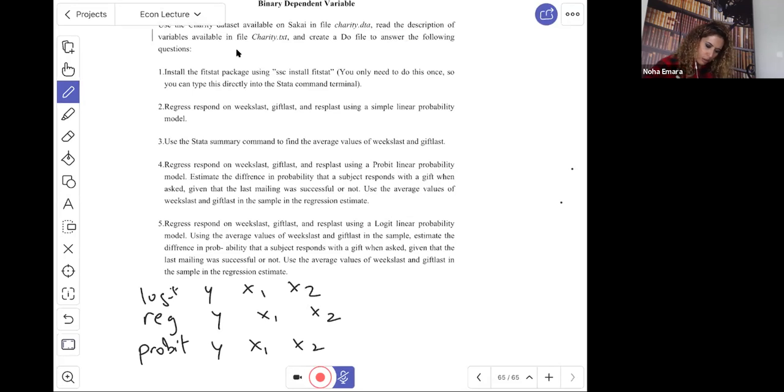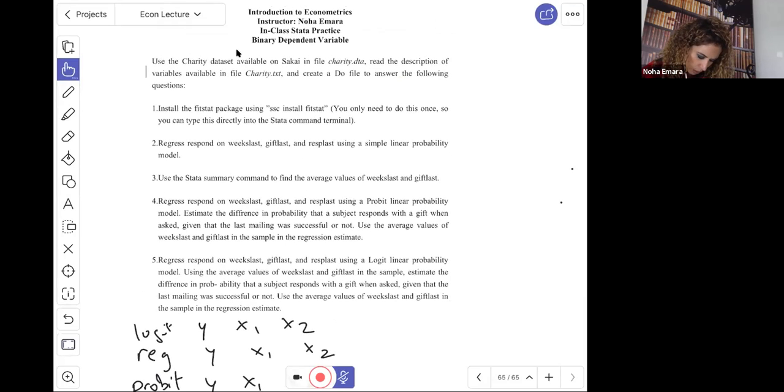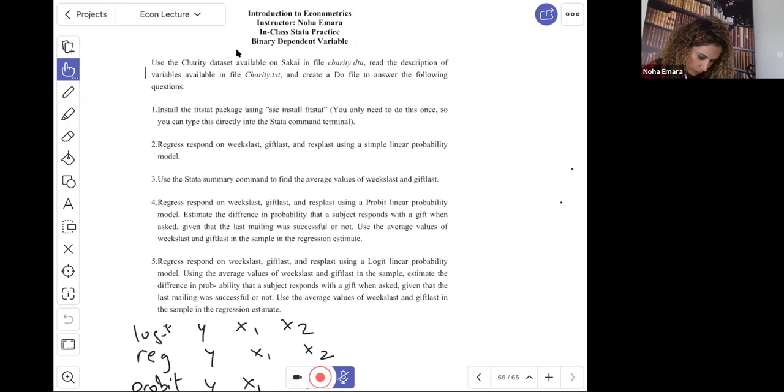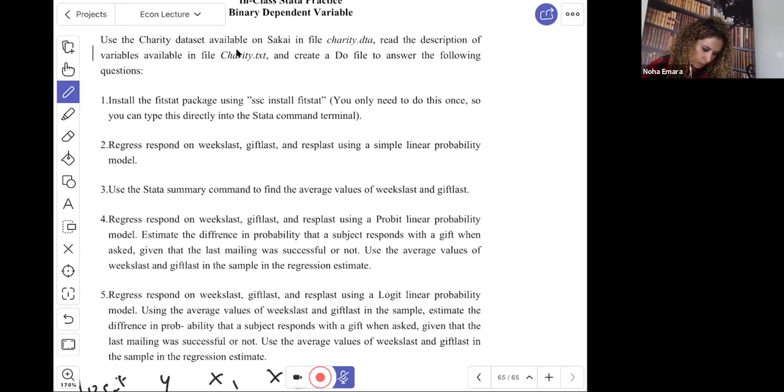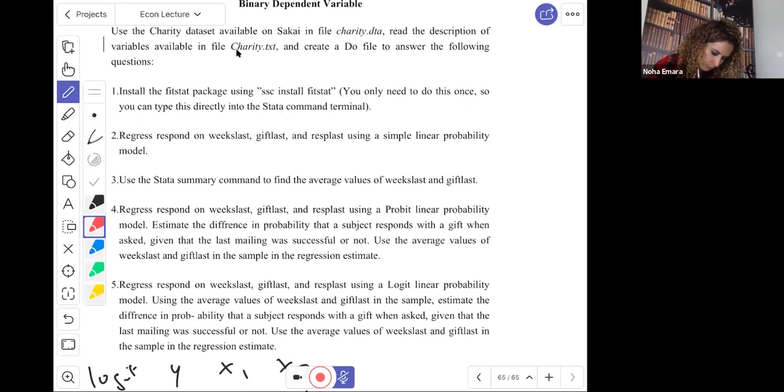Okay, so for this practice, I'm asking you to install fitstat. The fitstat package is very, very handy, because it gives me all the measures of fit that we have discussed.